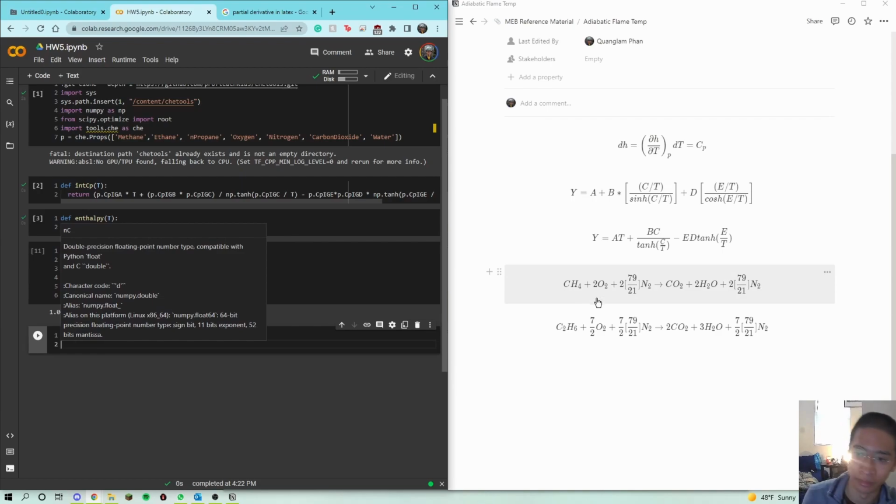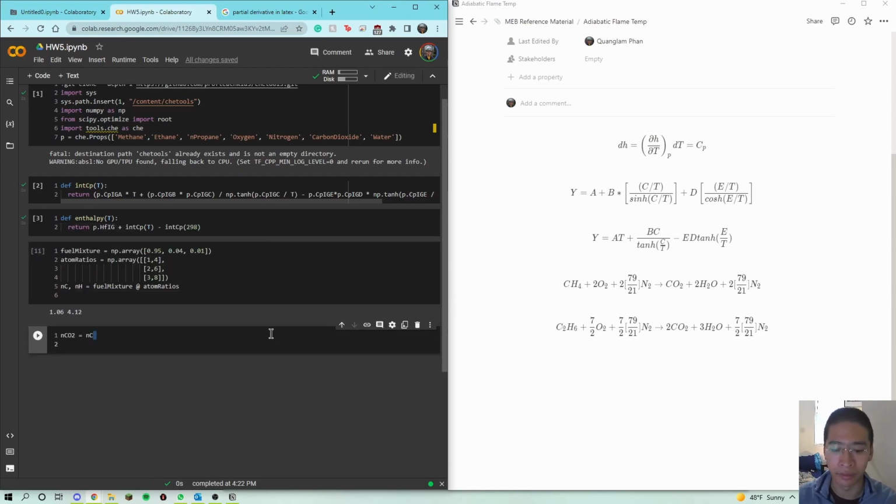Next, most simple, is that of water, because for every molecule of water, there's twice as many molecules of hydrogen in the fuel. So the coefficient of water is the coefficient of hydrogen in the fuel divided by 2.